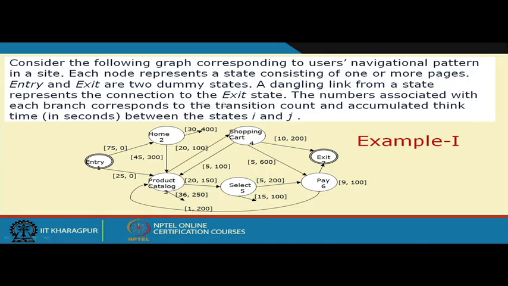The numbers associated with each branch correspond to the transition count. This is the transition count and this is the accumulated think time in seconds. So, to find out the average think time, you have to divide it by this frequency number.